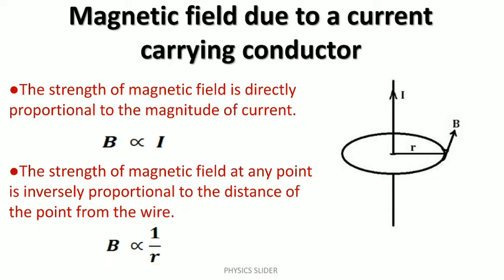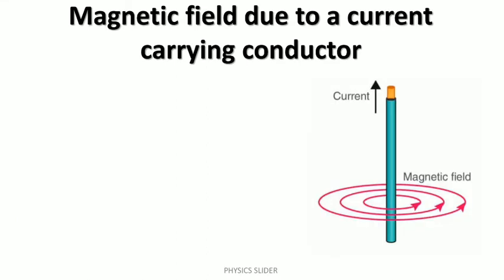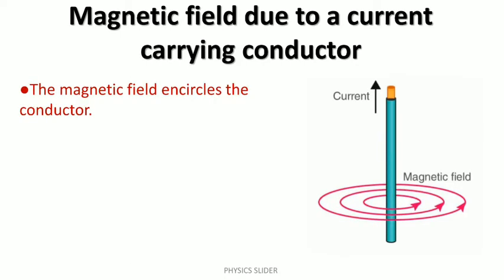Now some more things about this. Watch here. This is the direction of the electric current, and these are the magnetic field lines. These magnetic field lines are like circles around this current carrying conductor. So we can say that the magnetic field encircles the conductor.